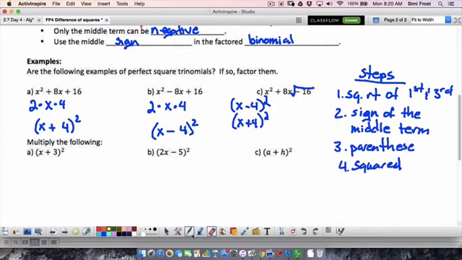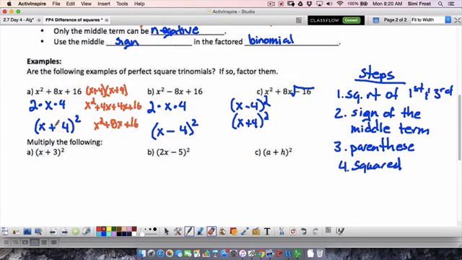If we have a binomial, to multiply it out, you actually have to longhand go x plus 4 times x plus 4, and then first would be x squared, outer would be 4x, inner would be 4x, and last would be 16. When I combine these two, I get x squared plus 8x plus 16.